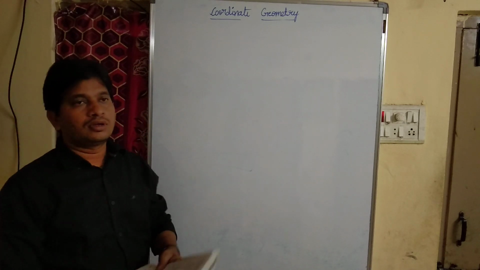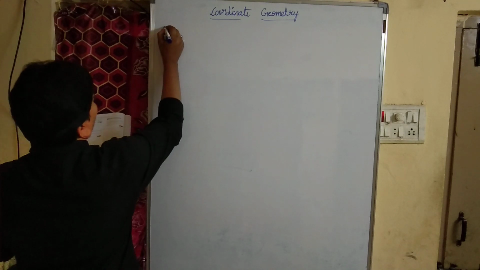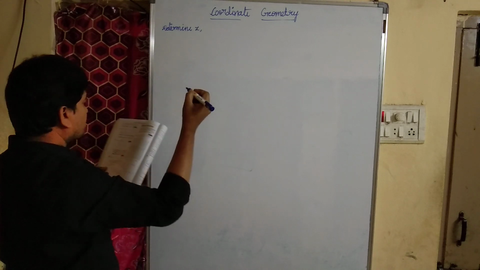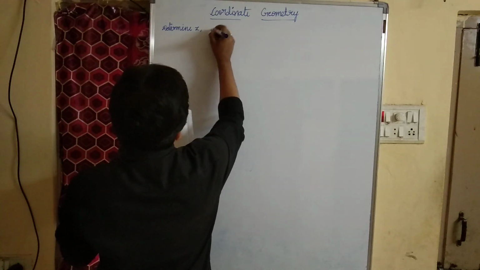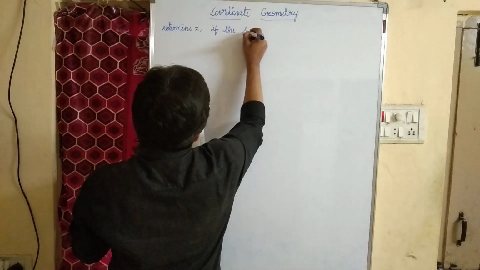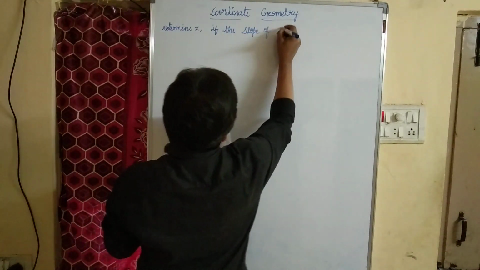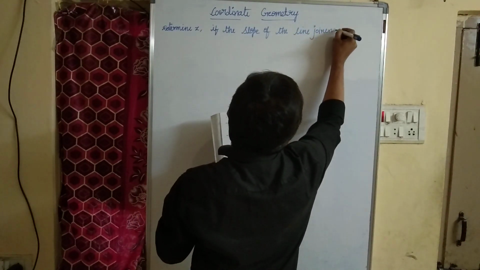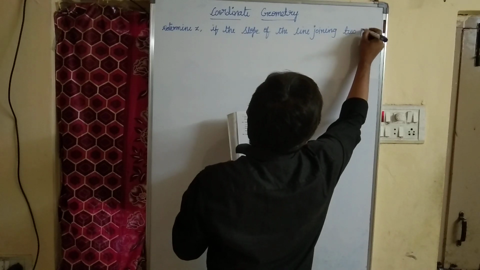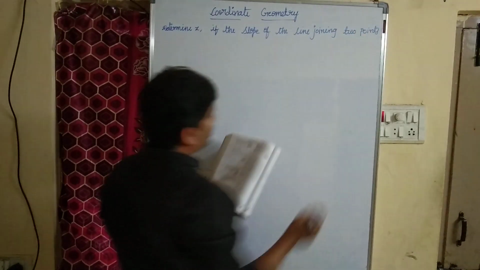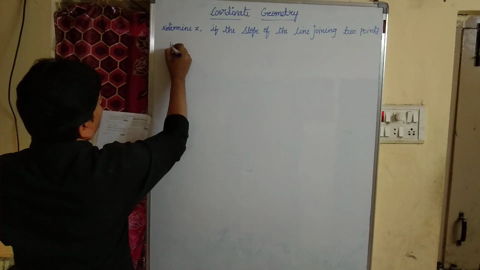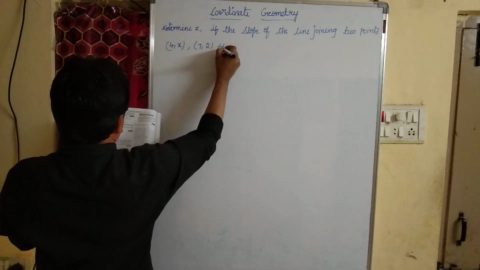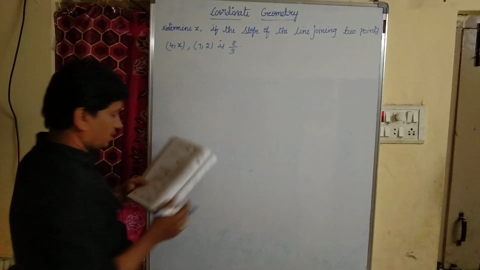Now let us see one more question. Determine x if the slope of the line joining the 2 points 4 comma x and 7 comma 2 is 8 by 3.